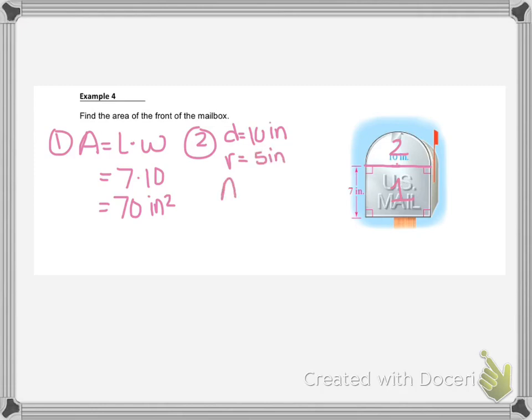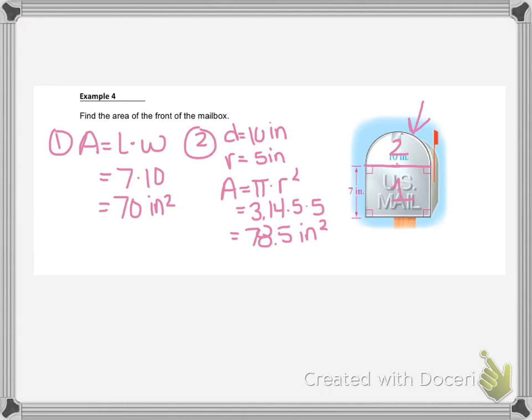All right, so area formula. Area equals pi times radius squared, which really means 3.14 times 5 times 5. And 3.14 times 5 times 5 is 78.5 inches squared.